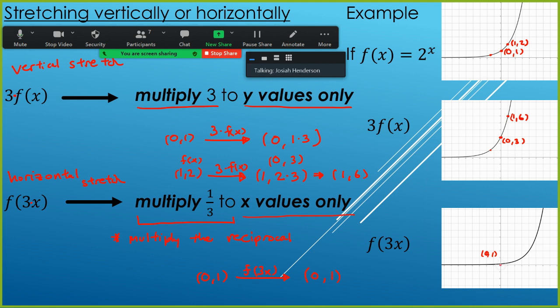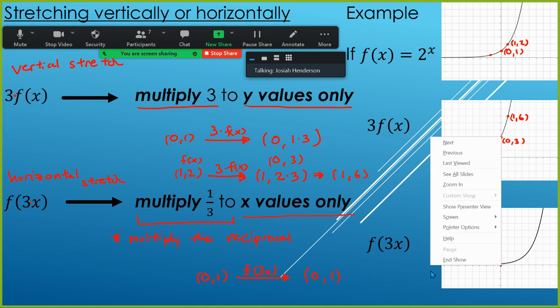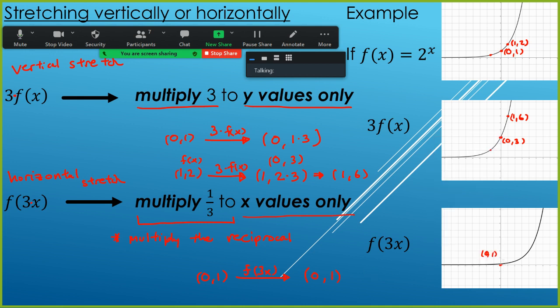It's pretty close, but it doesn't look like it's on the 0. The rule I put up is what we're going to use. I think I just made a mistake on this graph that I made, because it should still be at (0, 1). So my bad. Forgive me on that.